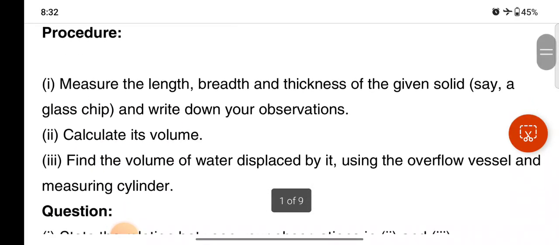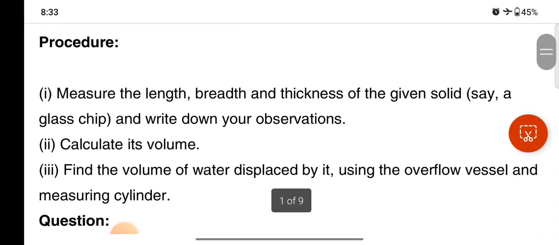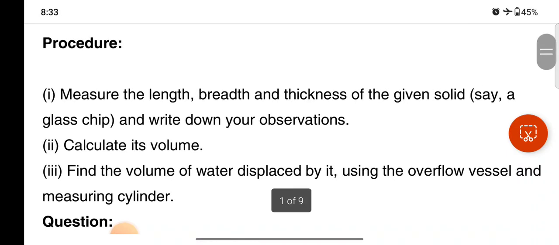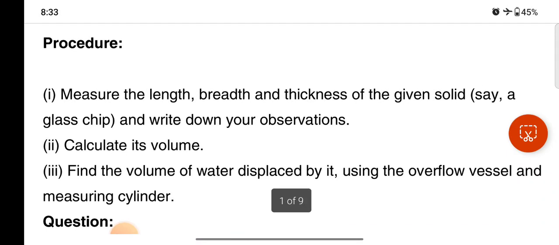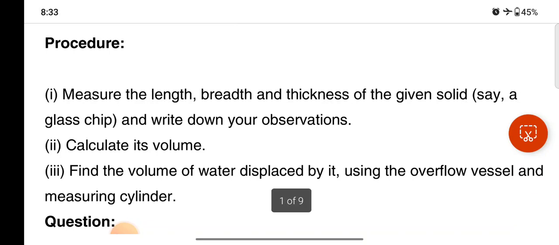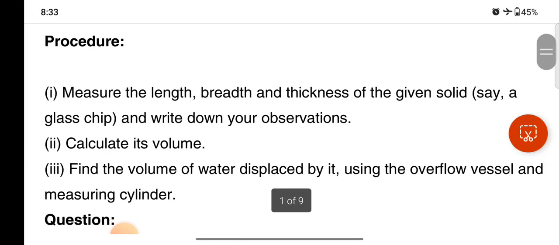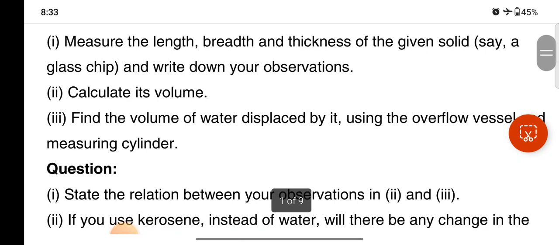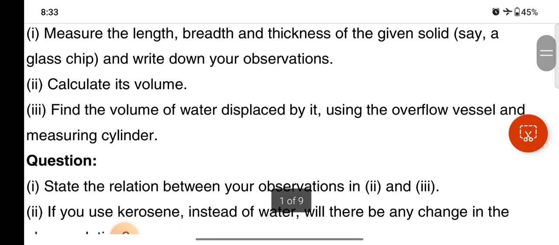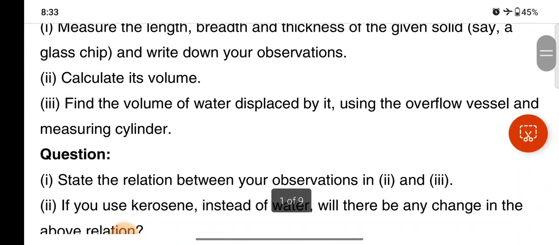Procedure: First, measure length, width and thickness of the given solid, say a glass chip, and write down your observation. Second, calculate its volume. Third, find the volume of water displaced by it using the overflow vessel and measuring cylinder.